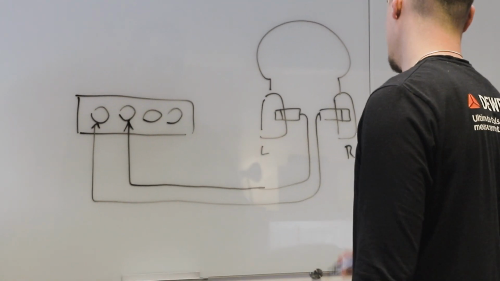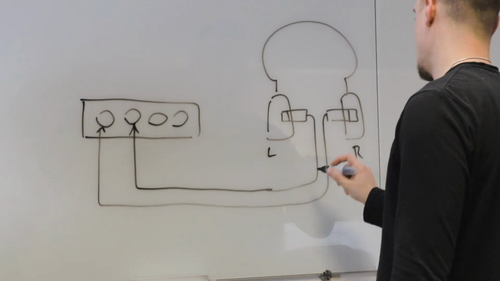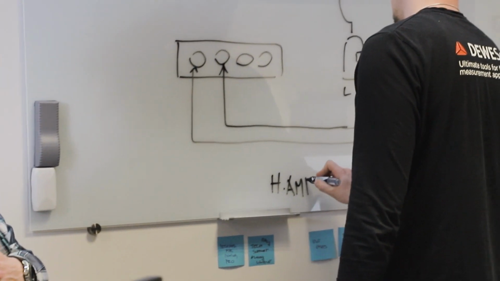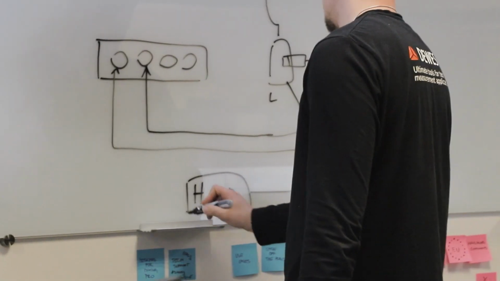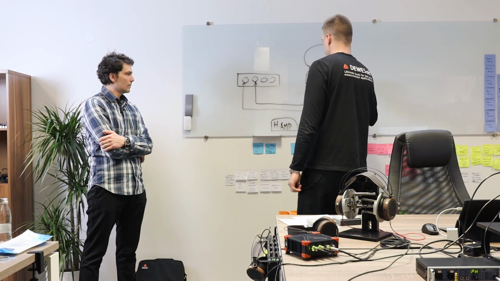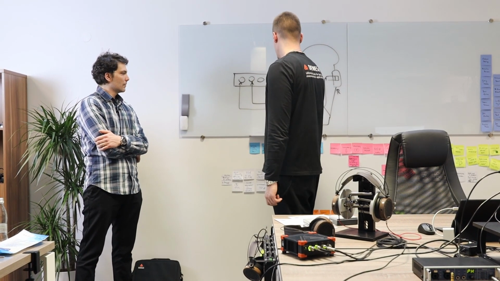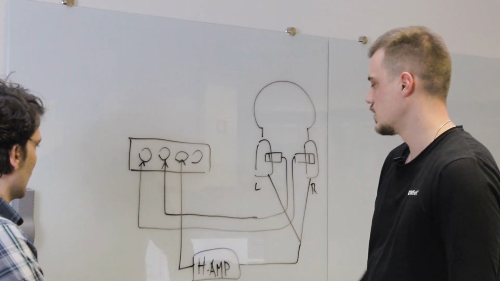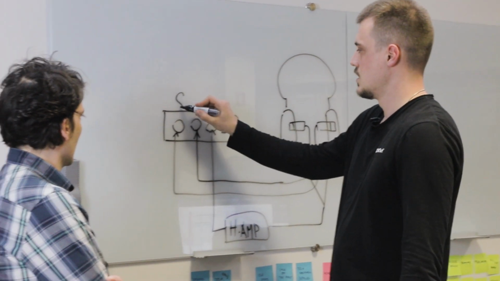And then we also need to send signal to the headphones. So this is the headphone amp. So it's sending, for example, white noise. So this is what is powering the headphones. And then we need to take the signal from the amplifier and also send it to the data acquisition system.